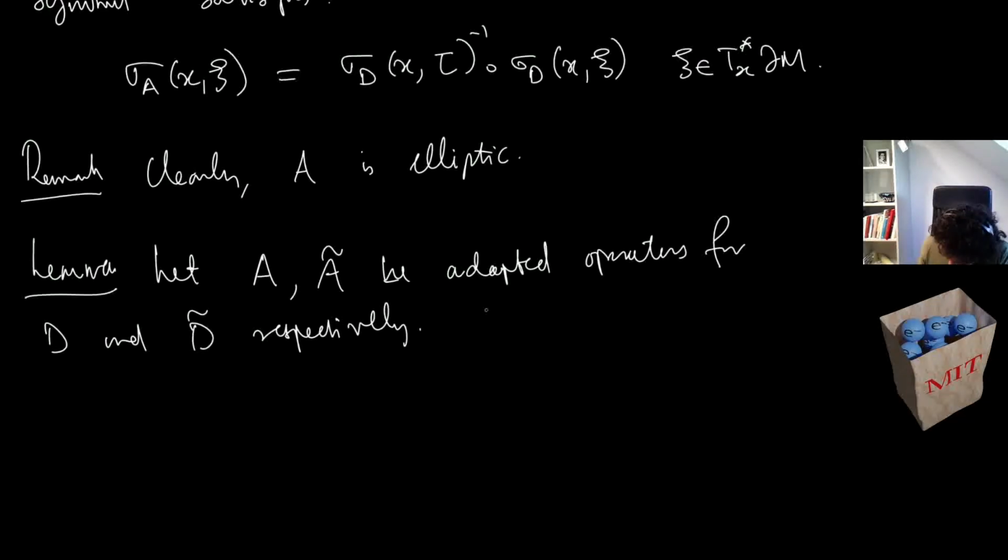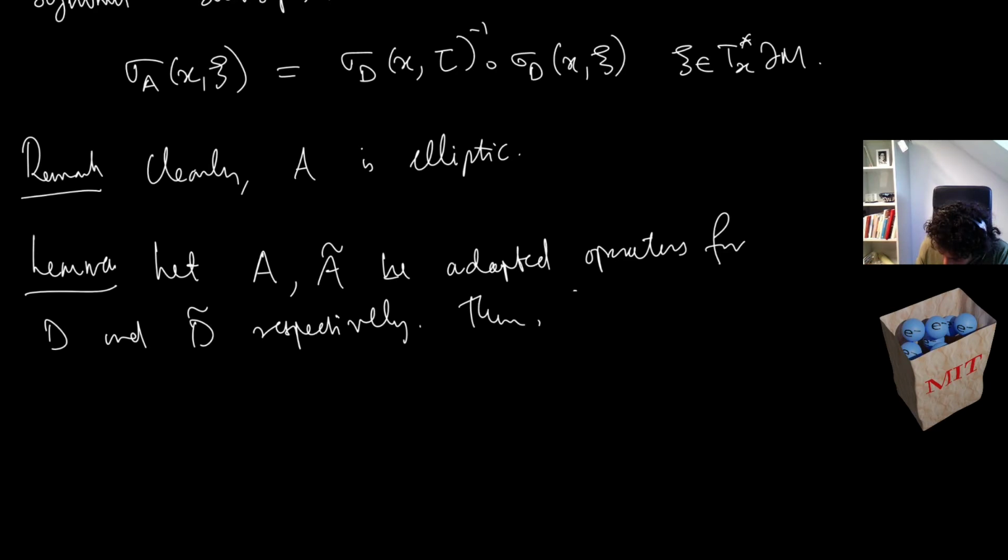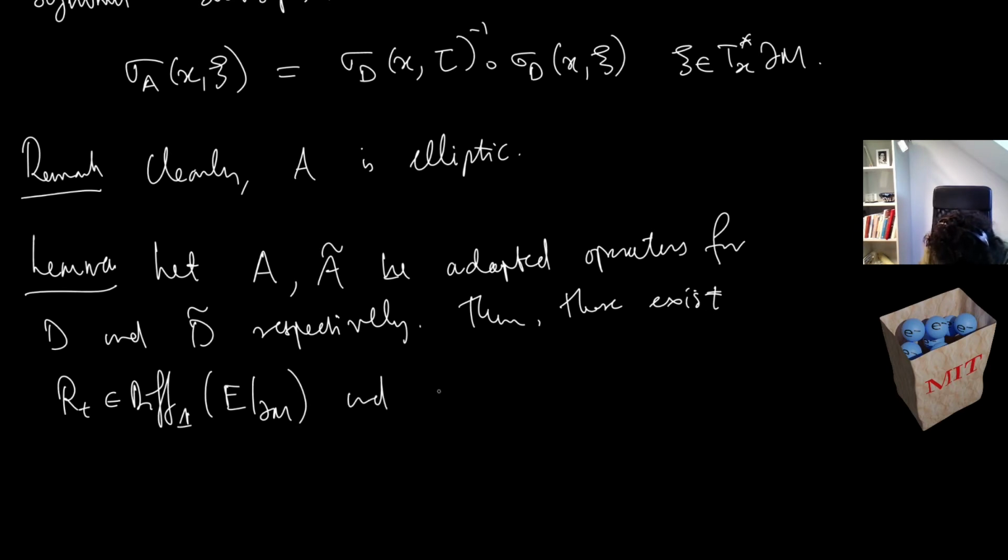Okay. Then there exist differential operators. So maybe I'll write it in words. There exist R_T, which is a differential operator of order 1 on E, and R_T tilde, which is a differential operator of at most order 1 now, right?